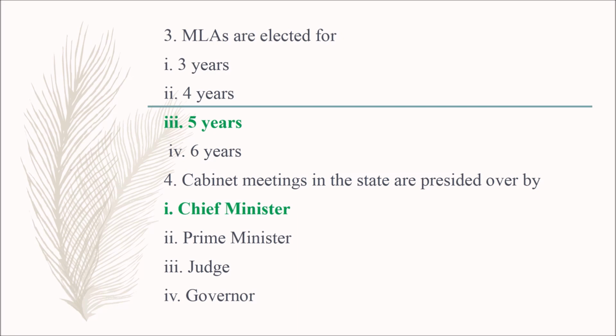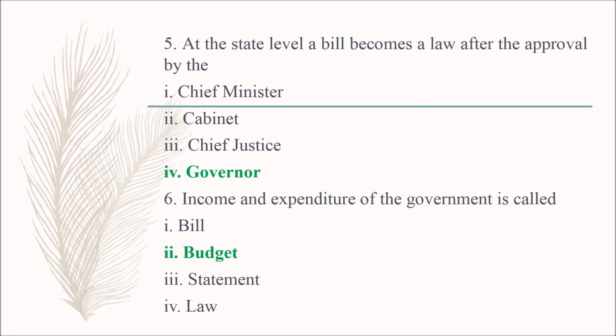So the correct answer is option 1 Chief Minister. Question number 5. At the state level, a bill becomes a law after the approval by the option 1 Chief Minister, option 2 Cabinet, option 3 Chief Justice, option 4 Governor. So the correct answer is option 4 Governor.